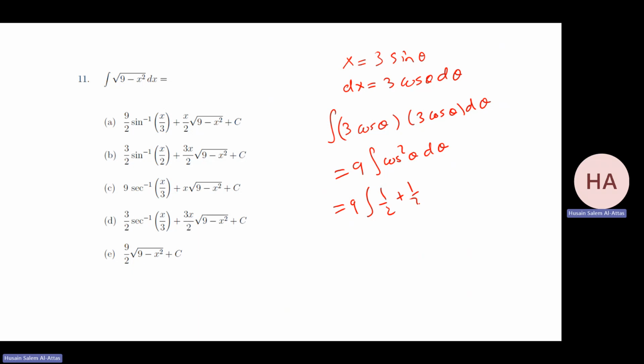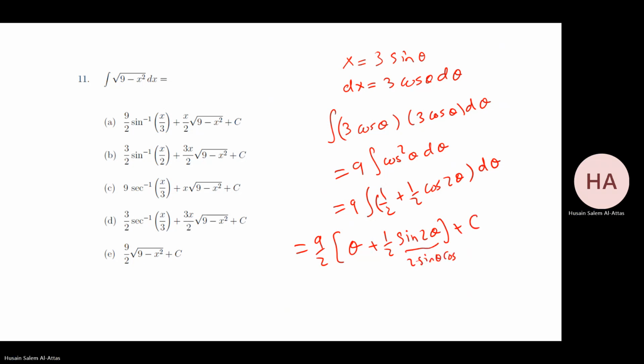I use this trick, which we did before. So I have 9 over 2 times theta plus half sine 2 theta, plus c. This is 2 sine cosine. So I have 9 over 2.